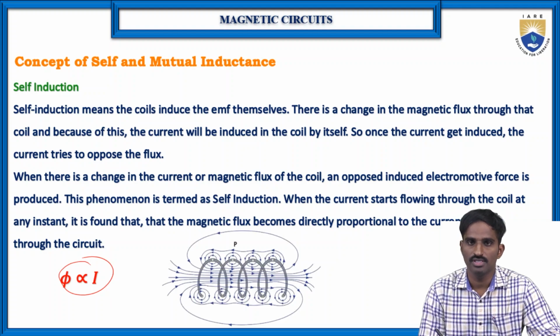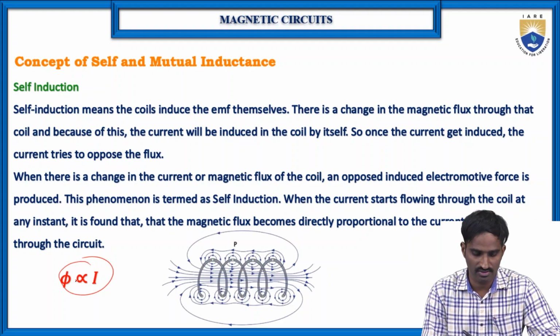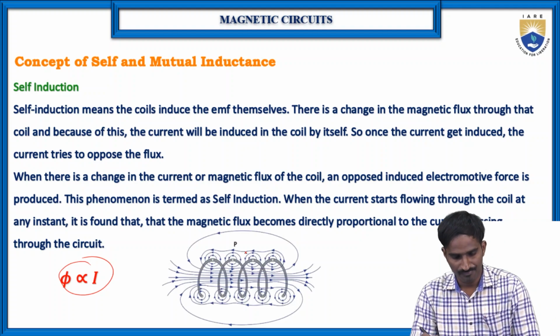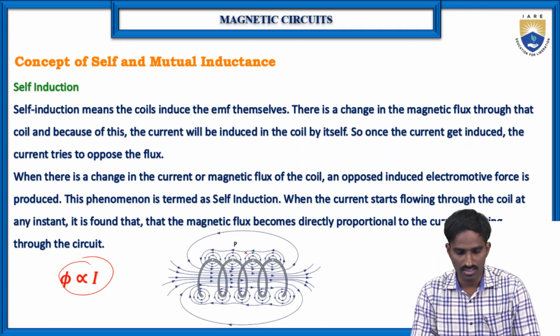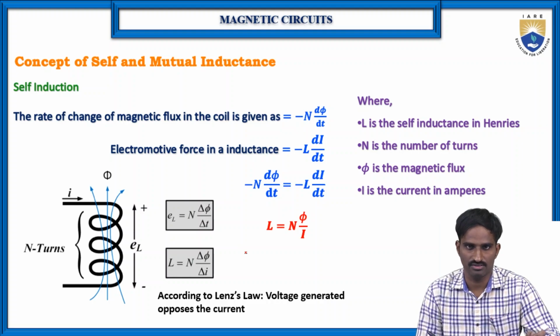The amount of current flowing through the coil depends on the strength of the magnetic field or flux, which we usually represent as phi. That's why phi is directly proportional to I. When phi increases, the current flowing through that particular coil also increases, right? So this is about the phenomenon, the concept, of self-induction.